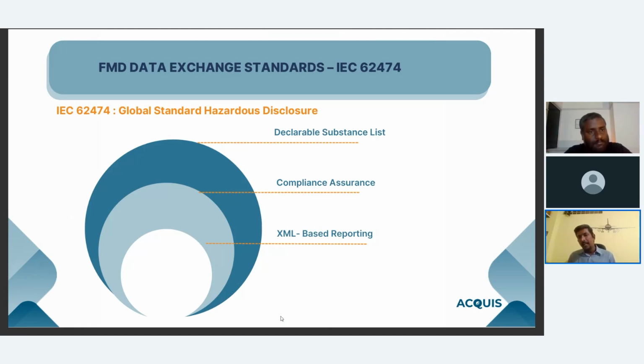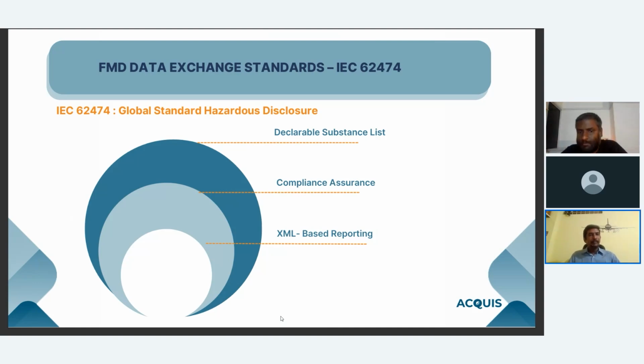It includes the eco design requirement and various standards like the IEC 101. So this declarable substance list intends to support all these regulations, and then there is a list of substances where you need to go and say whether those substances are present or absent in your product, and declare compliance against the regulations, and identify declarable substances in your product.